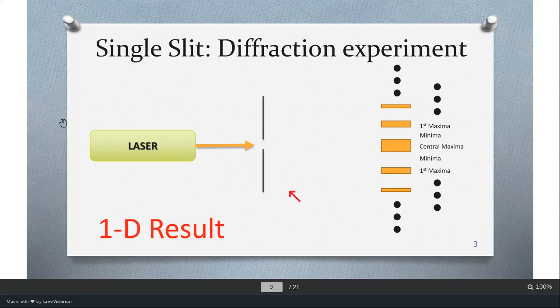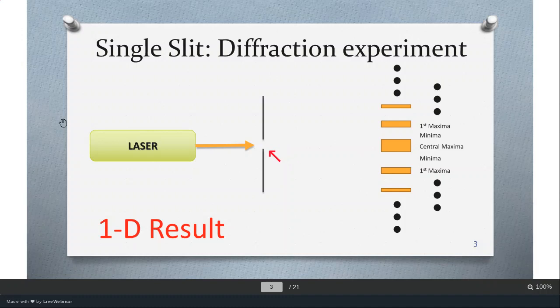So let us start with the single slit diffraction experiment, which we normally do at the 12th level as well as the BSc level. We can do this simple experiment using a laser pointer, and we can make a slit at home using razor blades.